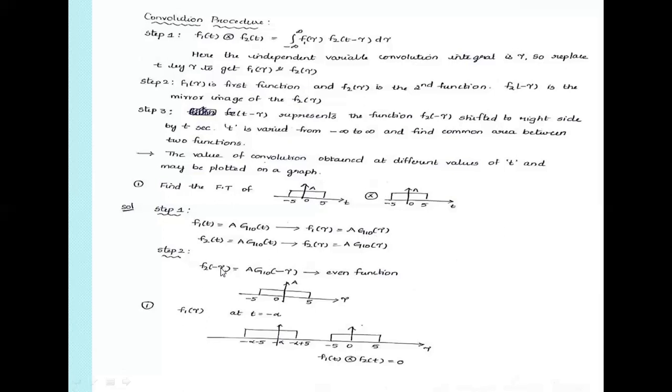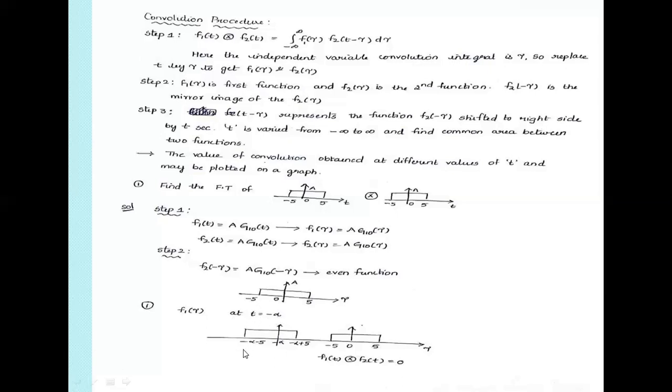And f2 of minus tau. f2 of minus tau means tau takes negative values, an even function. f2 is given from minus 5 to 5, with magnitude A. And f1 of tau is at t equal to minus tau.